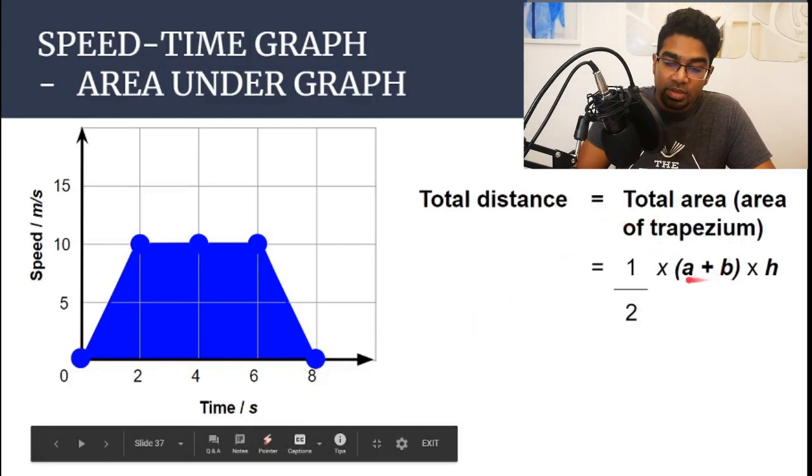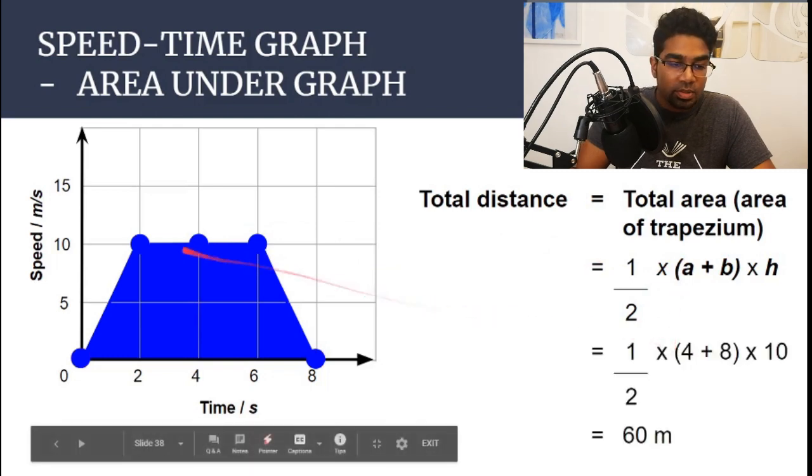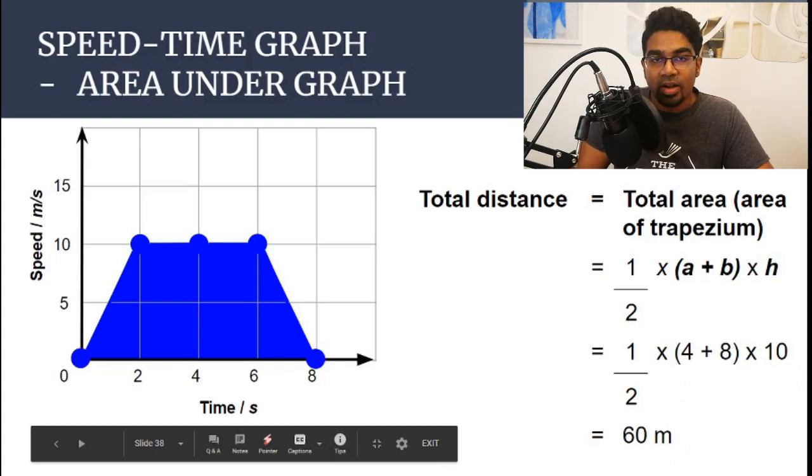The area of the trapezium will be half multiplied by the sum of the parallel sides and multiplied by the height. So here we have half times, this is from 6 to 2, so 4 units, and this is from 8 to 0, 8 units. So half times 4 plus 8 multiplied by the height. The height here is 10 units, so times 10. So this will be 12 times 10 divided by 2, which gives us 60 meters.